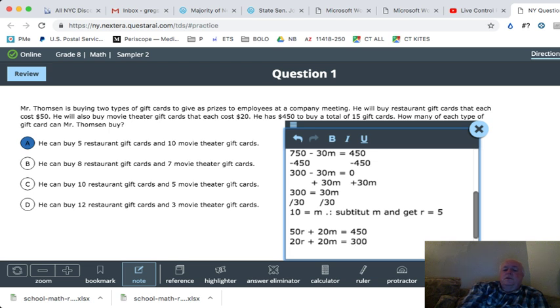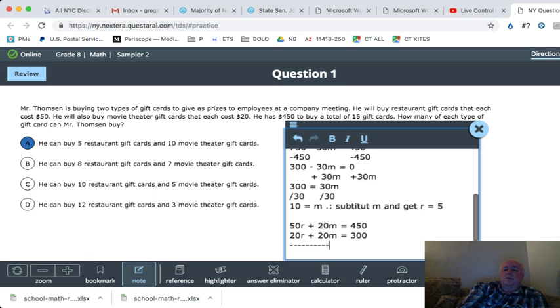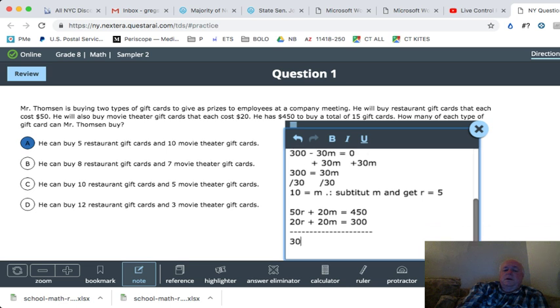So what I'm going to do is actually subtract these two equations from each other. 50R minus 20R is going to give us 30R. 20M minus 20M is going to give us 0. And 450 minus 300 is going to give us 150.